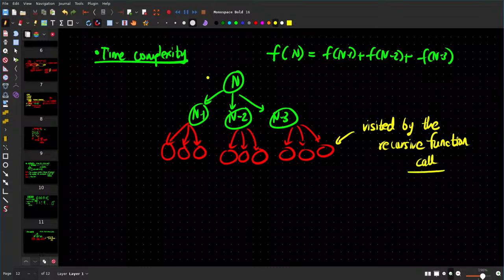Now to find out the time complexity of a recursive approach, if I have to expand this further, notice that each node will have 3 transitions for each of them.